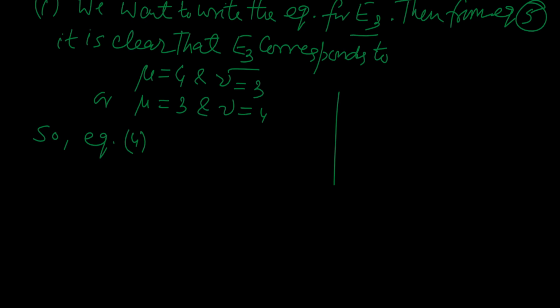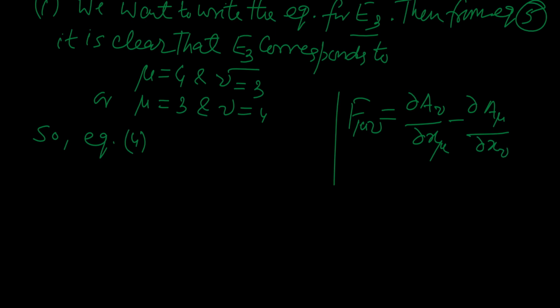What is our equation 4? This is F mu nu equal to del A nu by del x mu minus del A mu by del x nu.